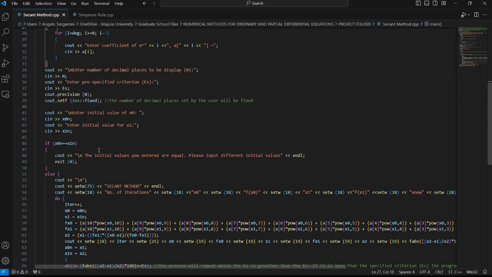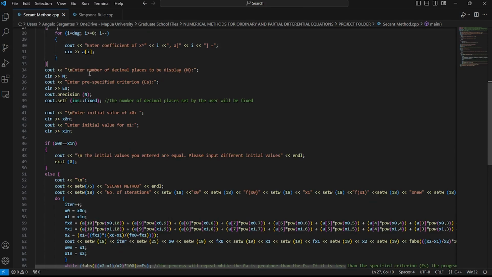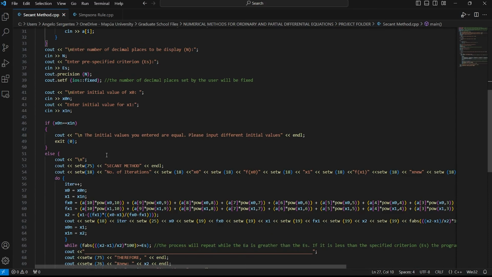If x sub 0 and x sub 1 are equal, this message will be presented on the screen, and the program will restart again instead of running through. If the initial values of x sub 0 and x sub 1 are correctly inputted, which means they are not equal, we can now proceed to the calculation.